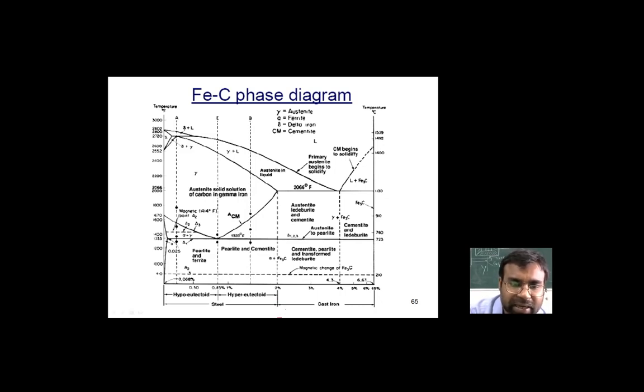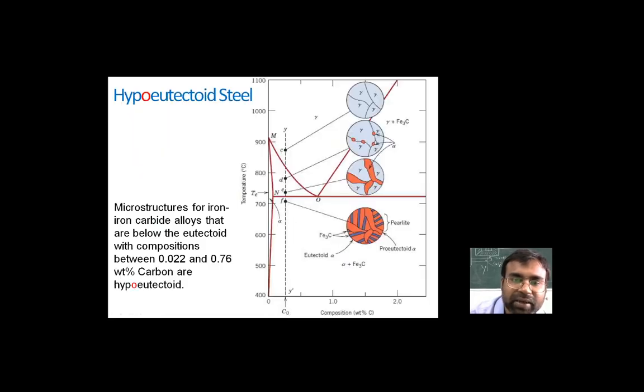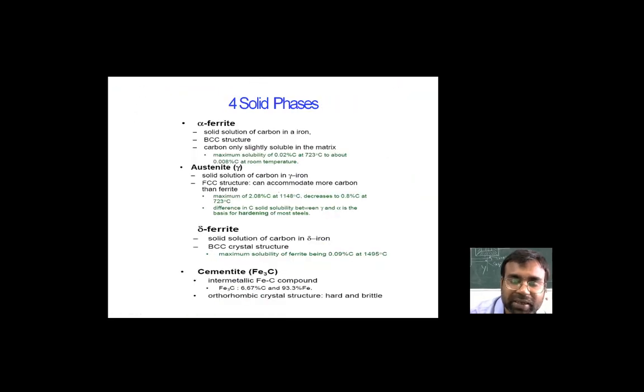As you can see, there are various names here: pearlite and ferrite, pearlite and cementite, austenite ledeburite, and austenite pearlite. So these are all the micro constituents identifying the microstructure of the material with respect to temperature and composition, and leading to the properties of the material. We will discuss these one by one in detail.